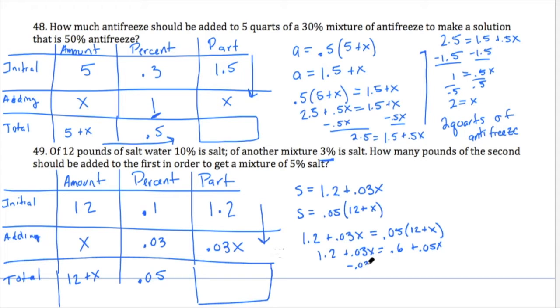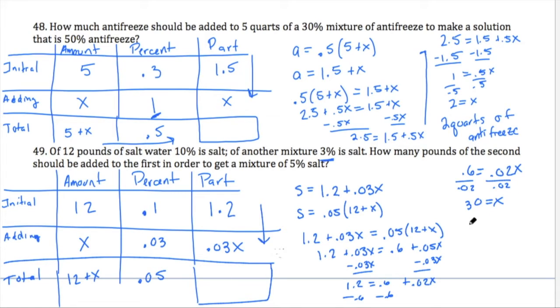Let's subtract 0.03x from both sides, and we have 1.2 equals 0.6 plus 0.02x. We can subtract 0.6 from both sides. We'll write our result up here. So we have 0.6 is equal to 0.02x. And then we can divide by 0.02, or if you recognize that we need to really multiply by 50, you can think of it that way. But either way, we get that 30 is equal to x.